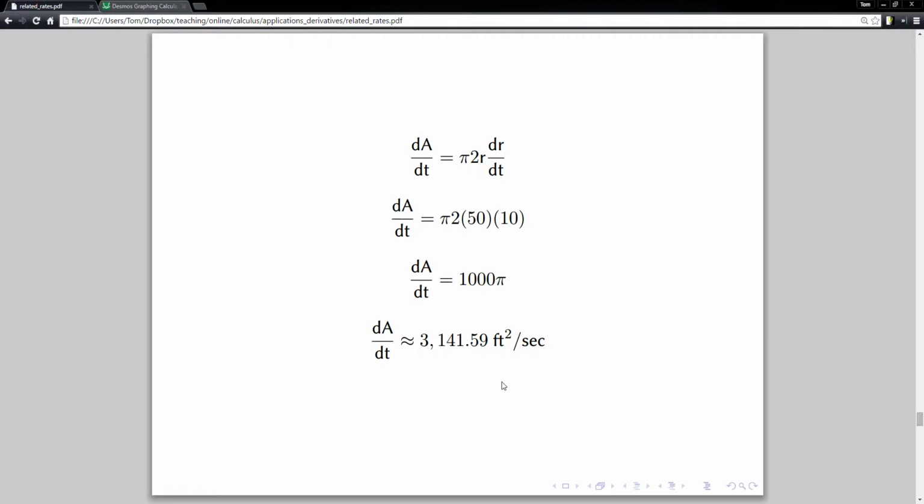In other words, at that instant when the circle has a radius of 50 feet, in the next second or so you're adding about 3,141.59 square feet. It won't be exactly that in the next second, but that's the rate at that moment. And that's the answer they're after for this problem.